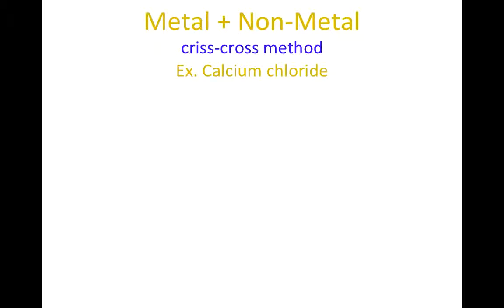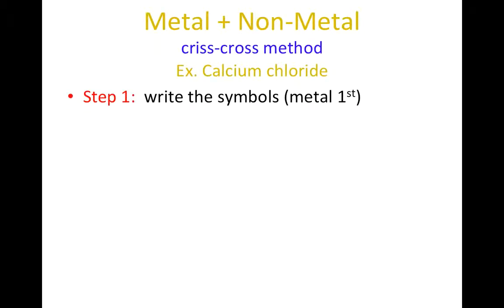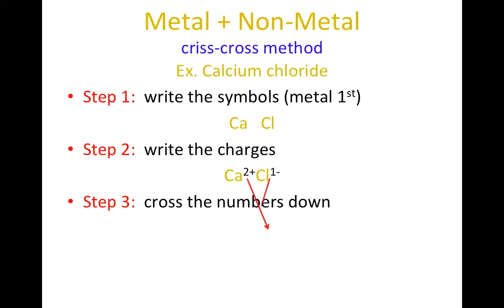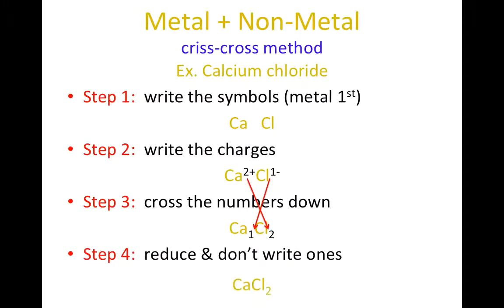Well, the crisscross method says that step 1, you write the symbols, Ca Cl. Step 2 is you write the charges above them, Ca +2, Cl -1. Then you cross the numbers down. You take those charges, not the plus or the minus, just the magnitude. The 2 from calcium becomes the subscript for chlorine, and the 1 from chlorine becomes the subscript for calcium.